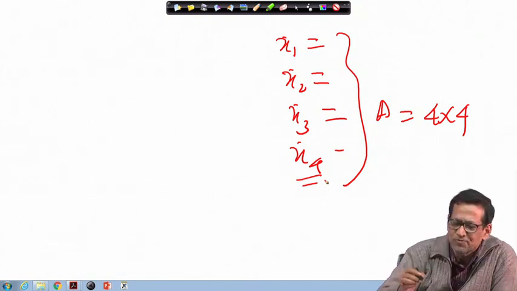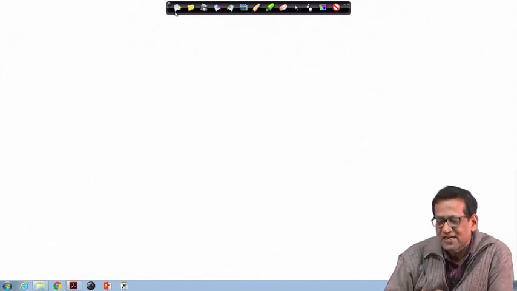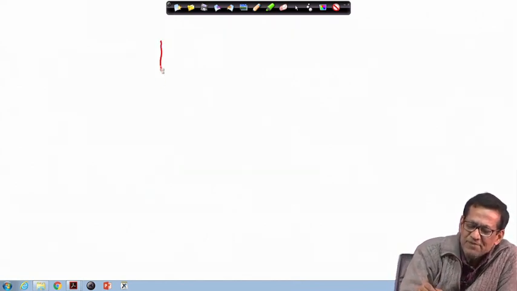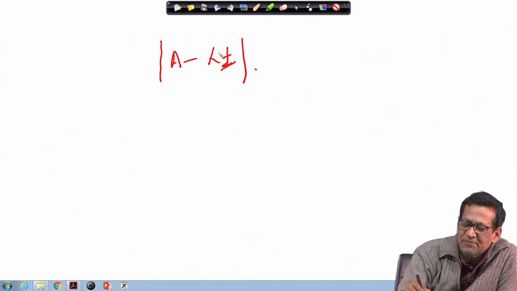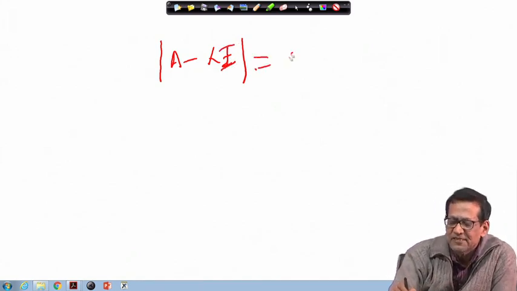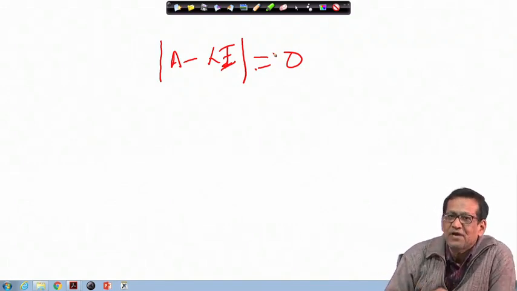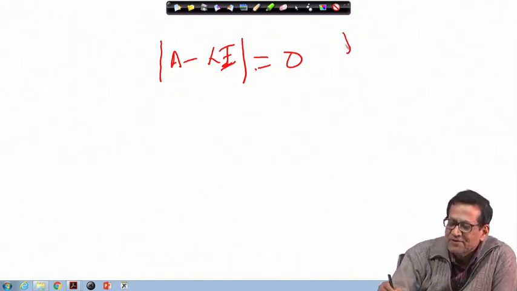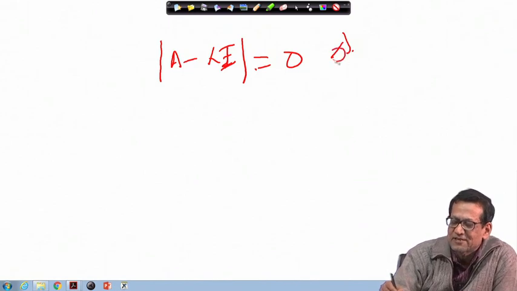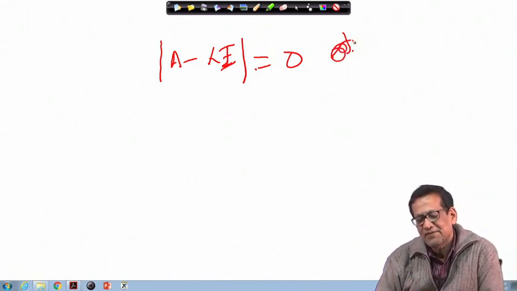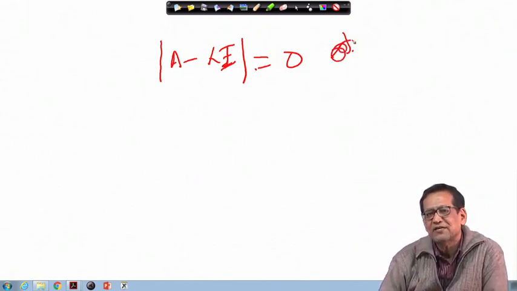Now for the degree of stability, you find the eigenvalues of the A matrix. You take the determinant of A minus lambda I equal to 0 and find the eigenvalues. Generally the lambda is written the other way, but this has become my habit. So determine that and find the eigenvalues.